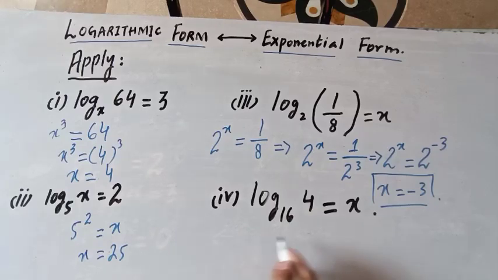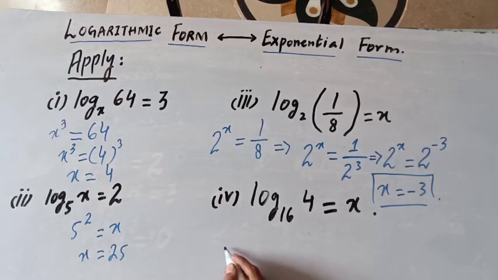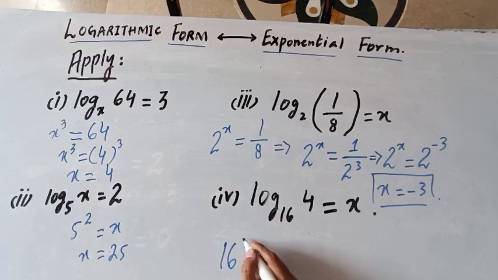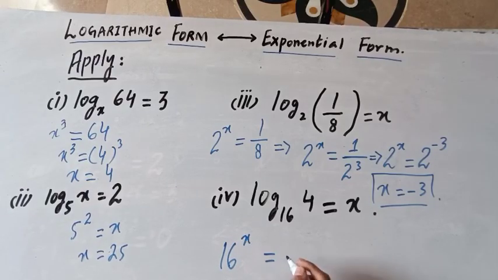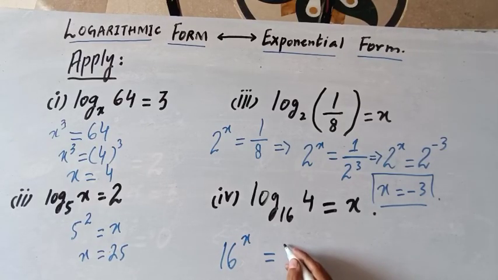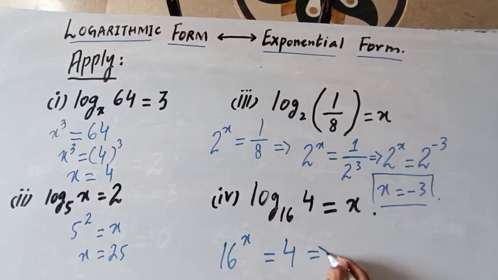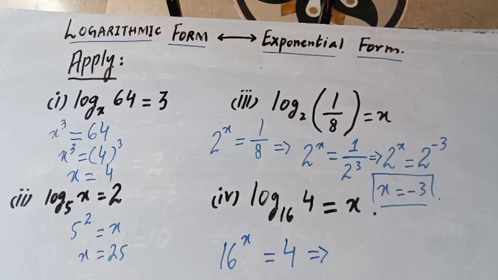Now over here we have the base as 16. Again the power is unknown, and we have it equal to 4. Now again what we need to do is make the bases same to compare the powers.